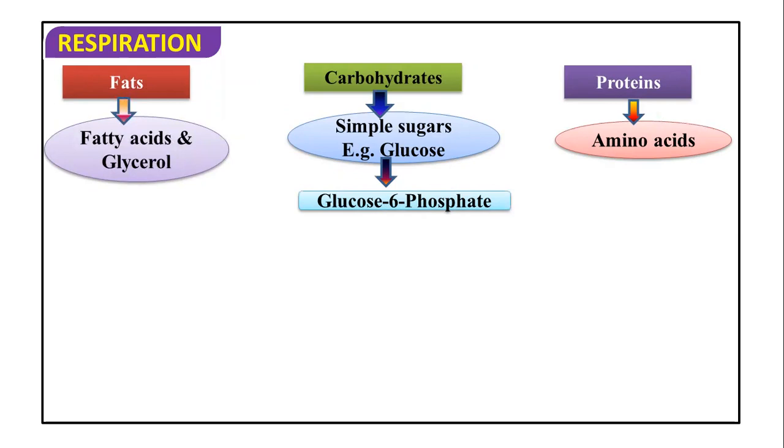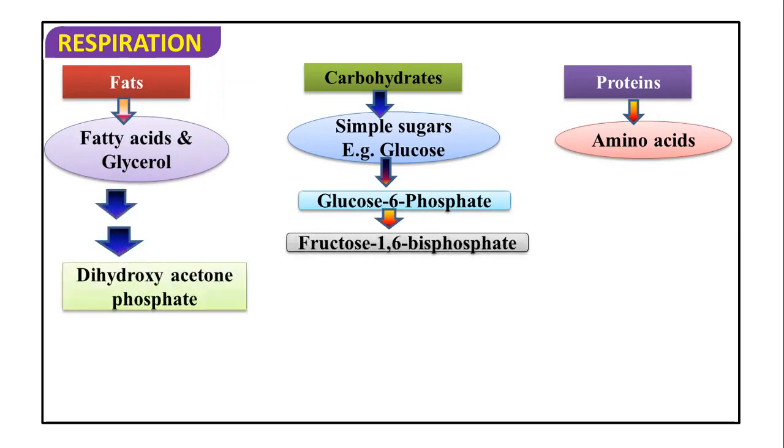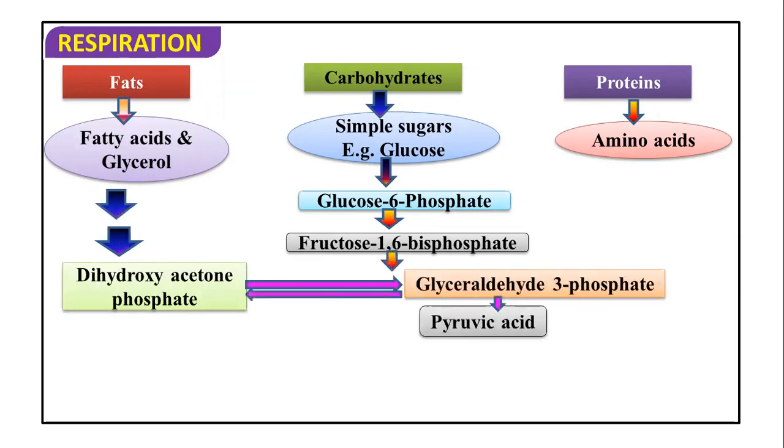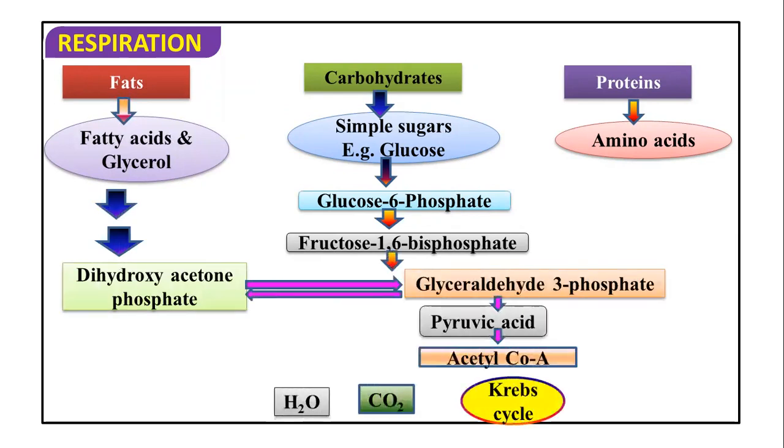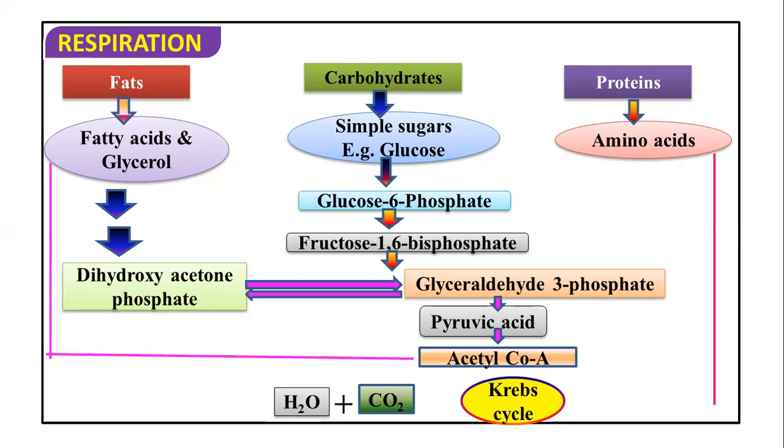This carbohydrate gets converted into glucose, and glucose gets further converted into glucose 6 phosphate. Then it will form fructose 1,6 phosphate. Then from fructose 1,6 phosphate it is converted into glyceraldehyde phosphate, and pyruvic acid will form, which undergoes the link reaction, and acetyl coenzyme A will be formed. Then the Krebs cycle will take place.